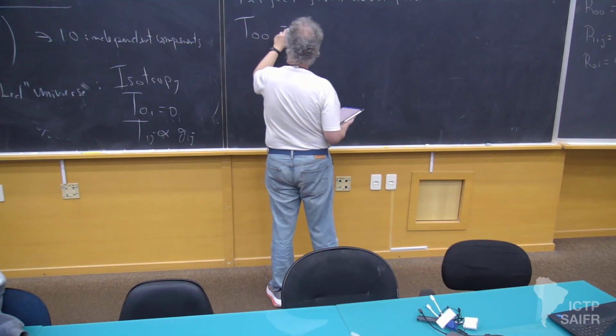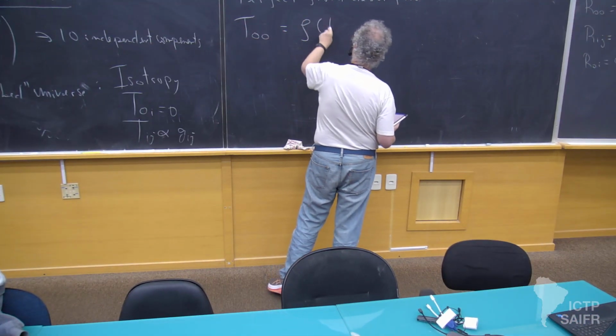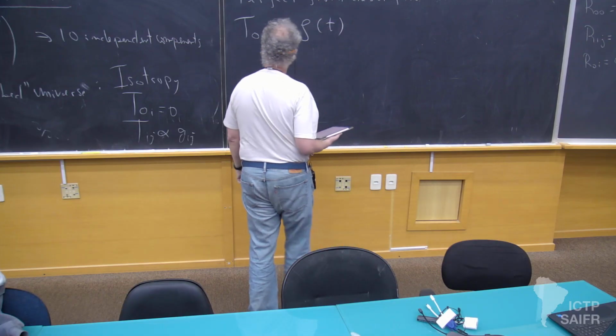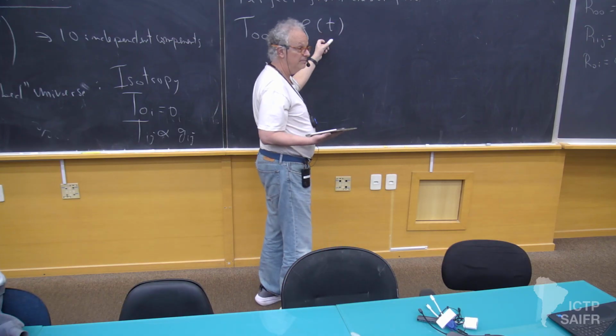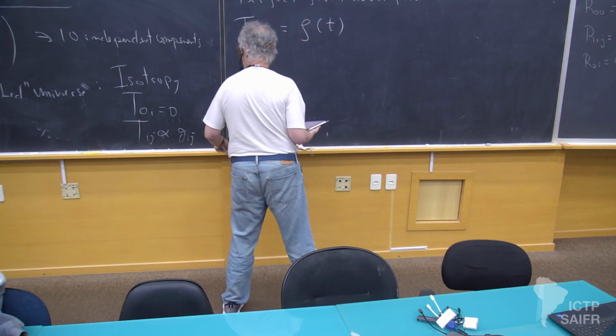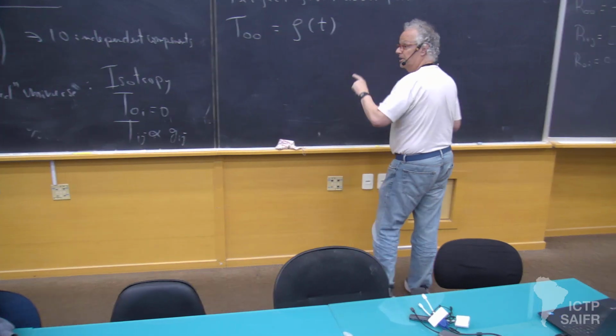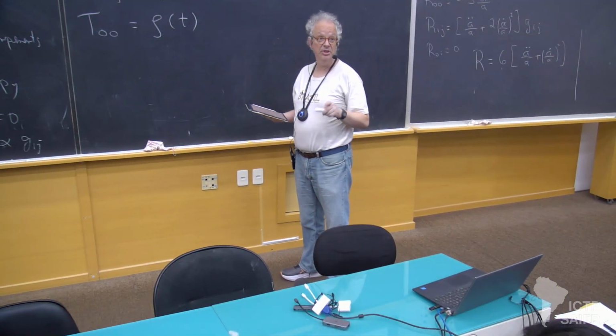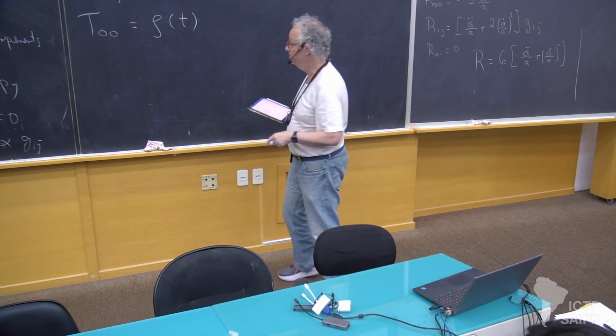So the 0,0 component is given by the energy density of the universe, which can be a function of time, and not of space, because we are assuming that the universe is homogeneous.